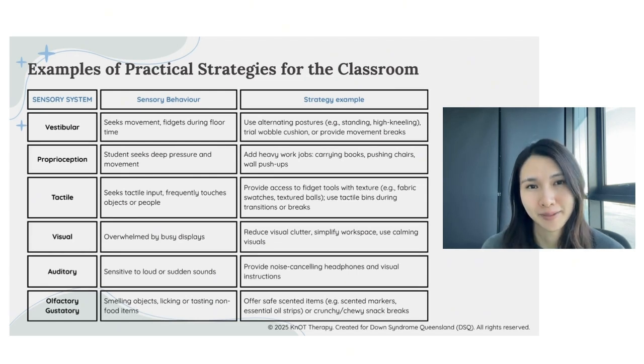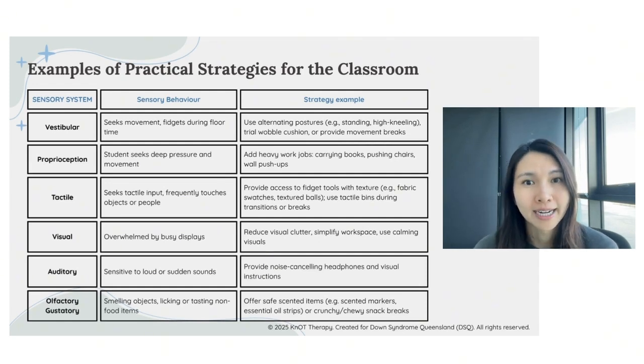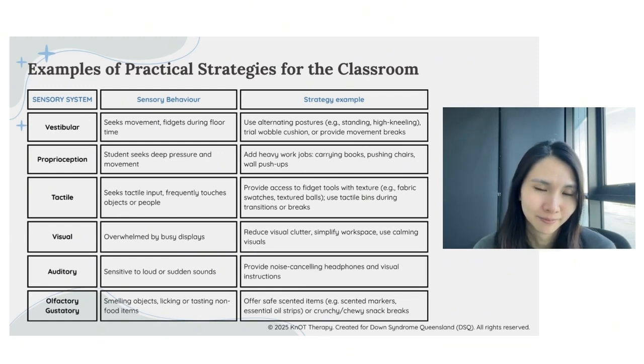Here are some examples of practical strategies to support students in the classroom with sensory differences. For example, for the vestibular system, if a child is seeking movement, allowing them to use alternate postures like standing instead of sitting for a short period of time, or trialing a wobble cushion and providing regular movement breaks during activities or transitions.